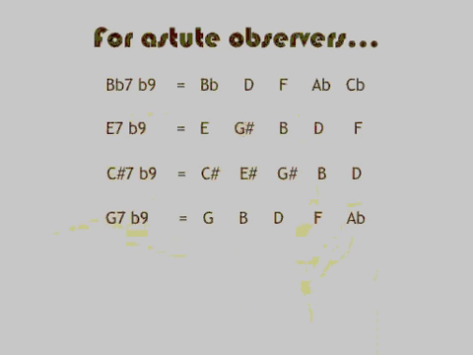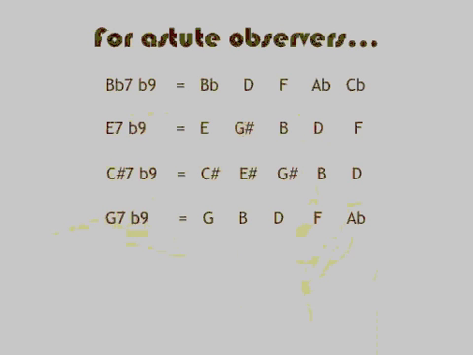Now, someone who's quite an astute observer might realize that one of the reasons why this works is because the 3rd, 5th, 7th, and 9th, flat 9, of a dominant chord form a diminished 7th chord. And there are actually more than just the tritone substitutes that share the same notes.